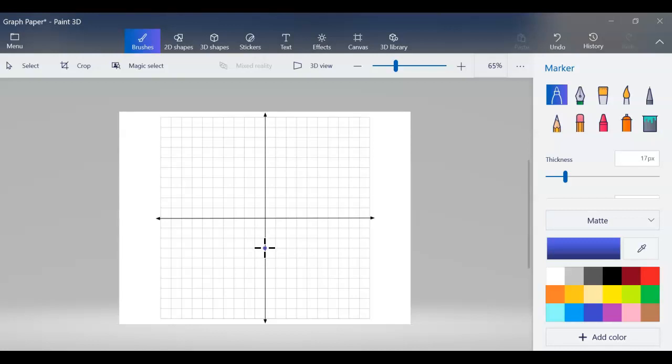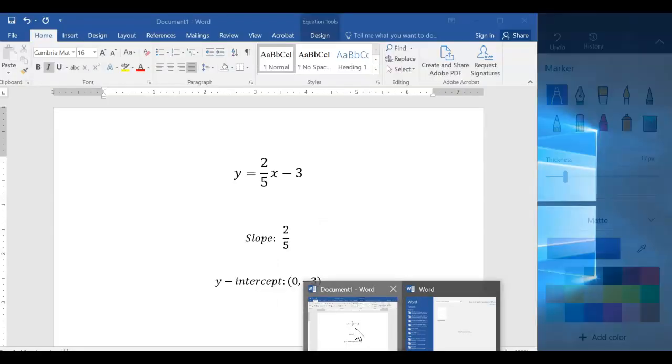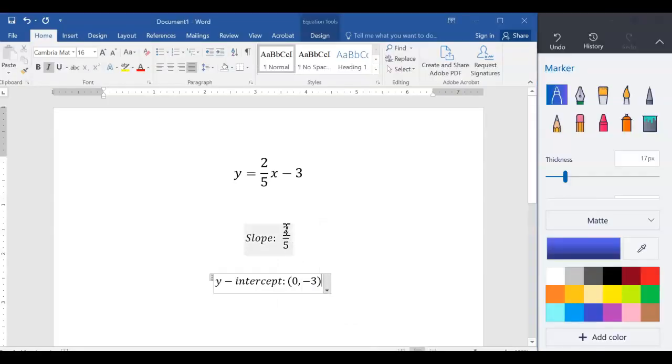And then a slope of 2/5. Remember, on a slope, the top number is the change in y, the bottom number is the change in x. So that's a +2 over a +5.